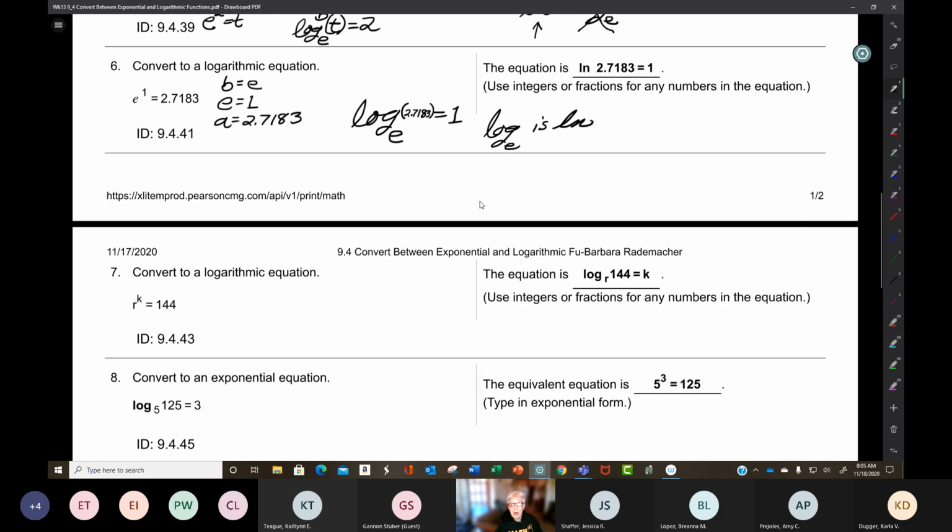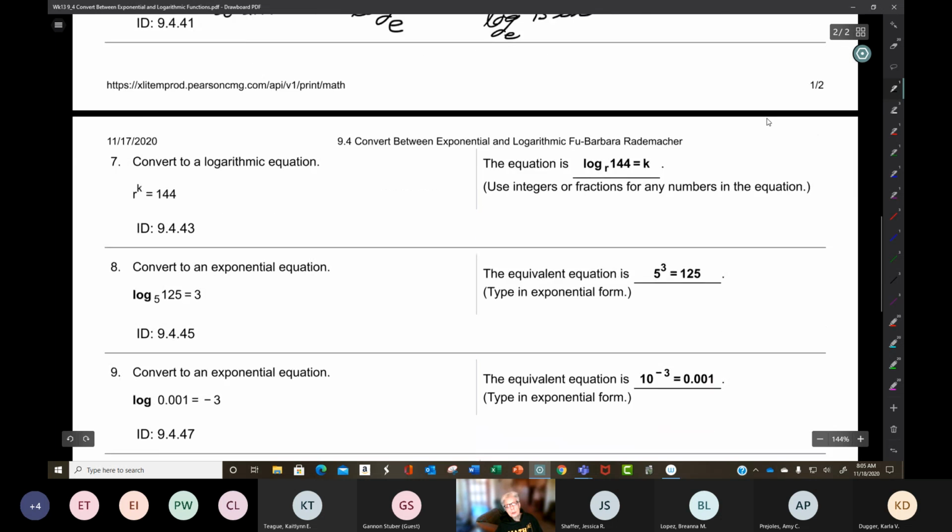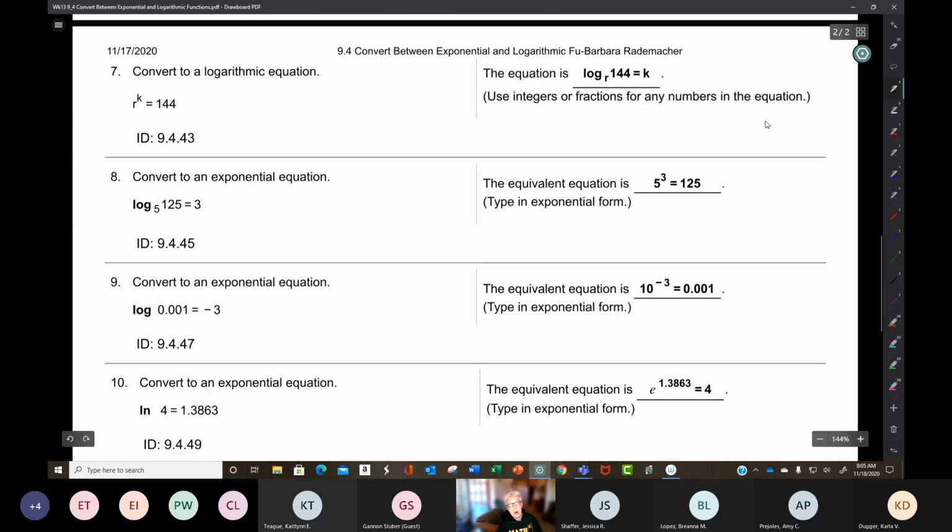This is what it's all about. This is called using the definition of a logarithm, and we are going to use it the day before the last day of new material to solve logarithmic equations. This is one of the methods.